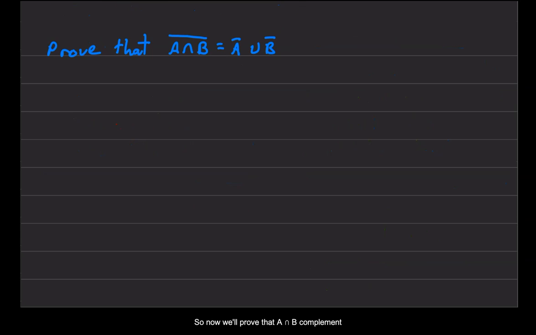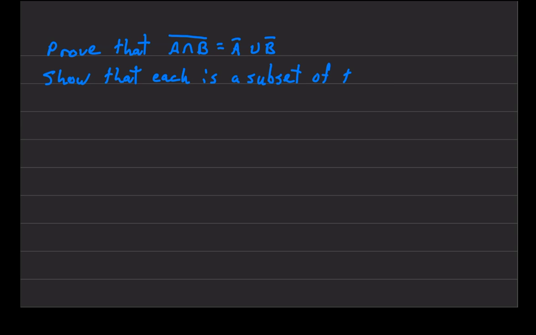So now we'll prove that A intersect B's complement is equal to the complement of A union the complement of B. And this is one of the DeMorgan's laws. In order to show that two sets are equal, remember that we must show that each is a subset of the other.